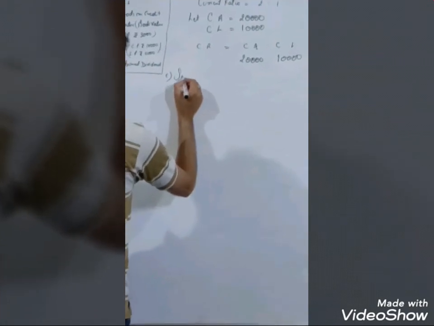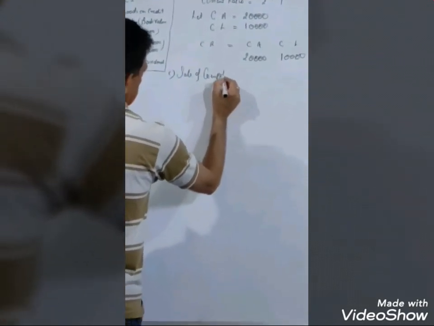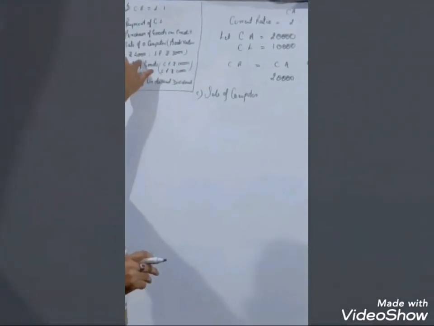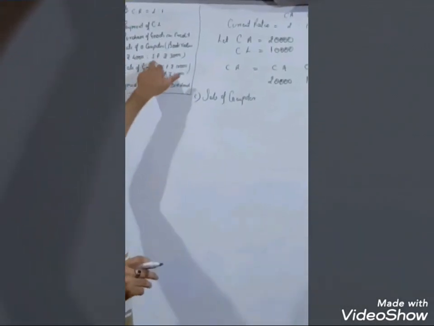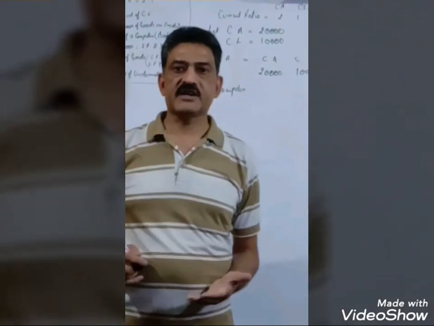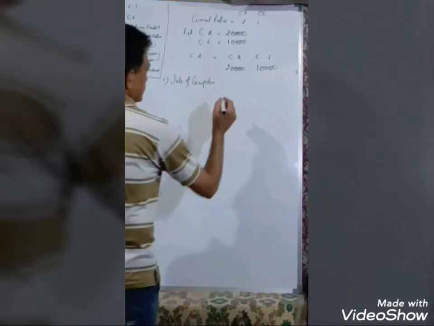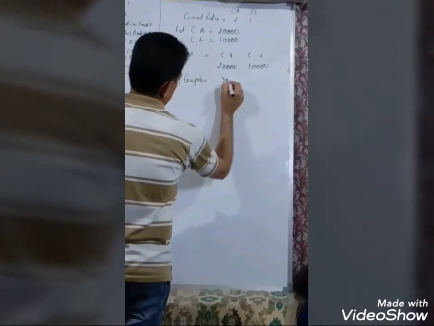Sale of computer. The book value of the computer is rupees 4,000. It has been sold for rupees 3,000. That means there is an inflow of cash of rupees 3,000. So this inflow of cash will increase the current assets. This will be added to the current assets.